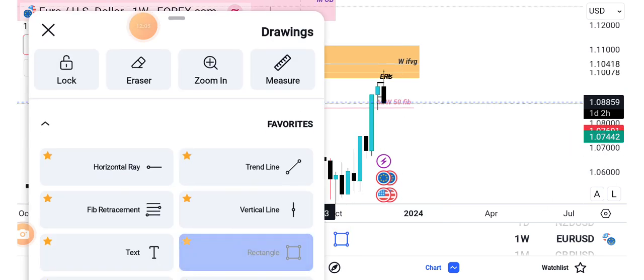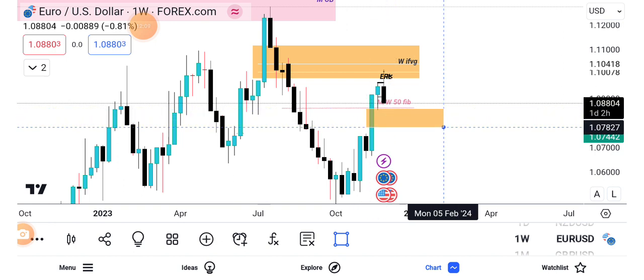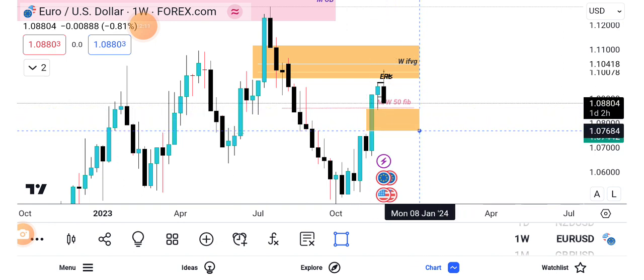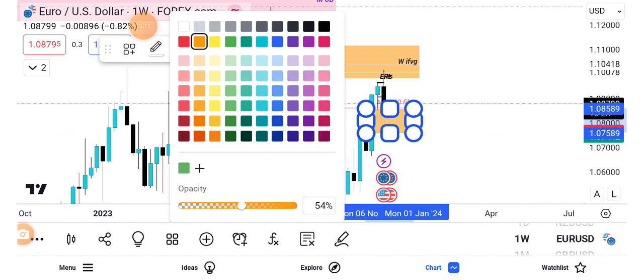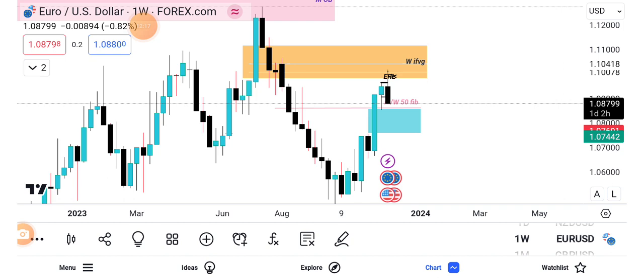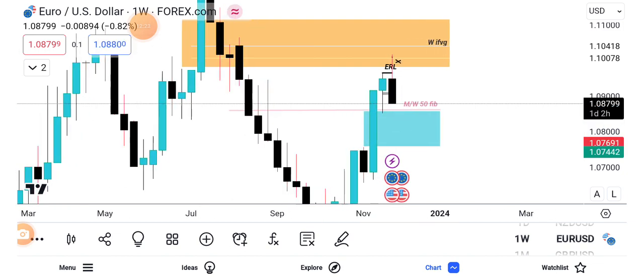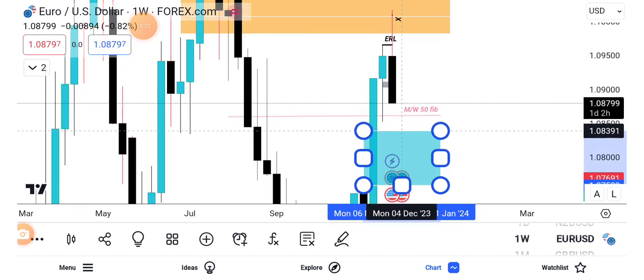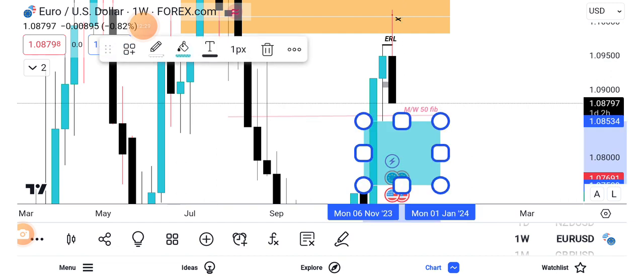So I made a mistake of not really observing the higher time frame. So here we had this fair value gap, which was to be a target for tomorrow on Friday. So I'm anticipating to see this week a retracement into this weekly fair value gap.